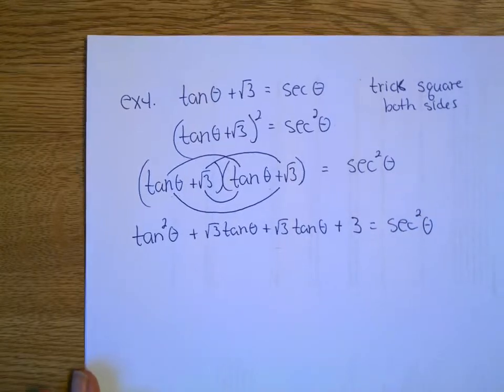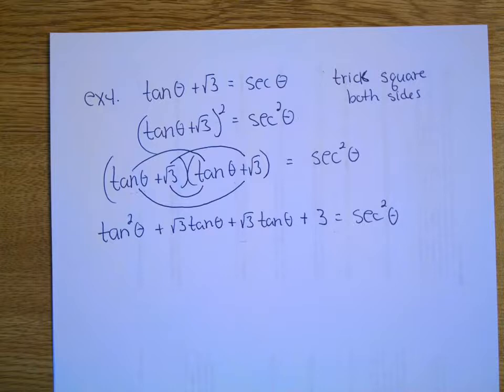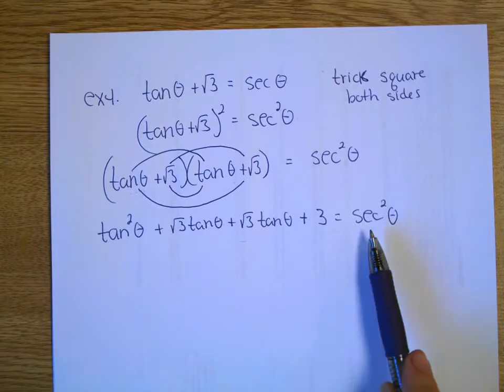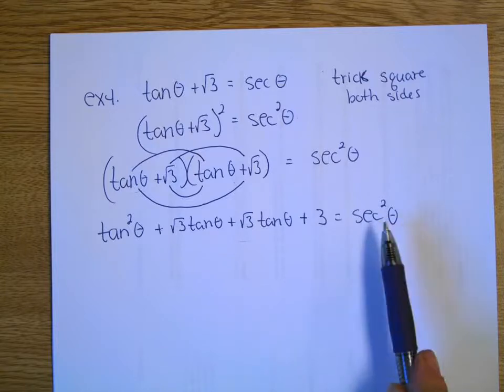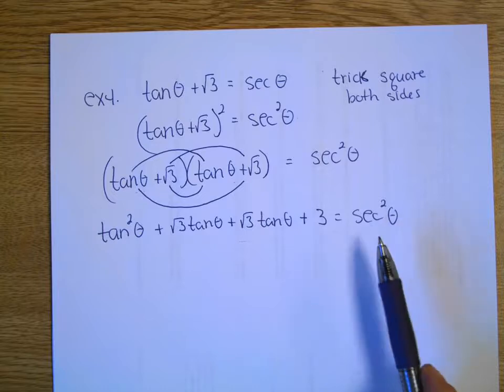Okay, the reason we squared this one, we would like to get it down to one trig function. And we can because of a Pythagorean identity. Who still has their half sheet with those original identities on it? What's the identity for tangent squared and secant squared? What can I replace secant squared with?